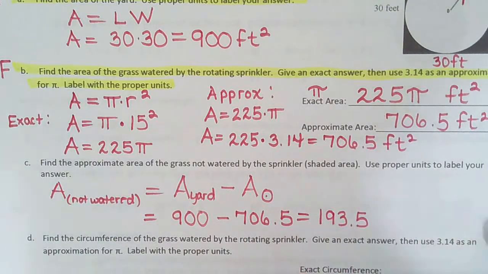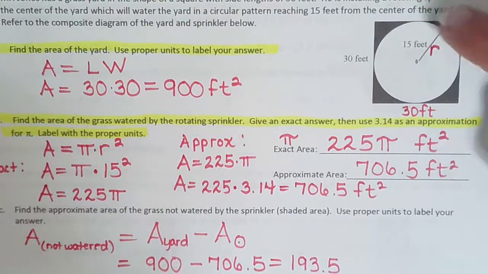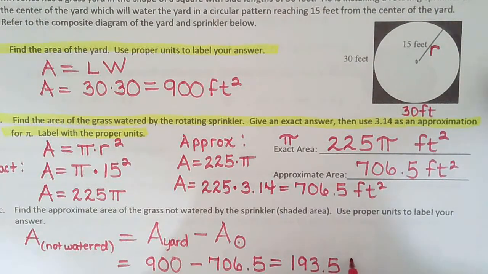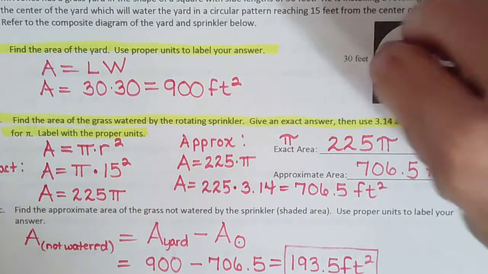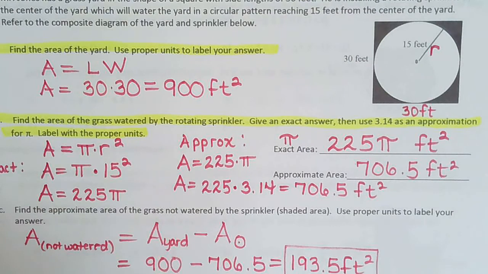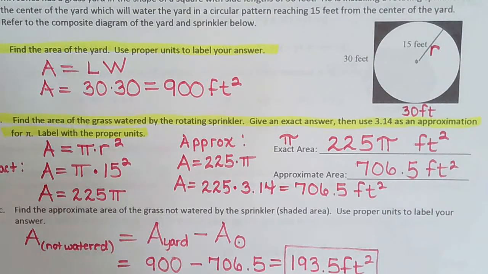And it is the area of the grass not watered, so it does need square feet. So you take the area of the big figure, pull out the area of the circle. What's left is the area of the yard that is not watered.